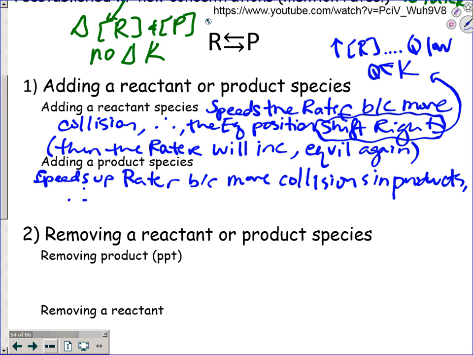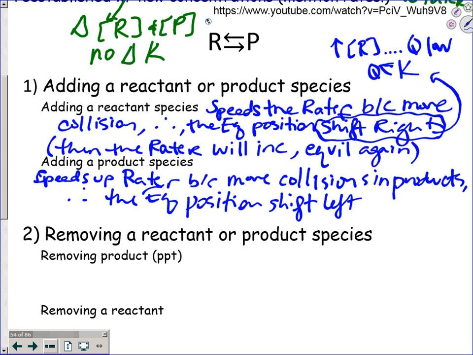Therefore, more reactants will be made, right? So the equilibrium position shifts which way? Left, as more reactants are made, so products are consumed to make more reactants.